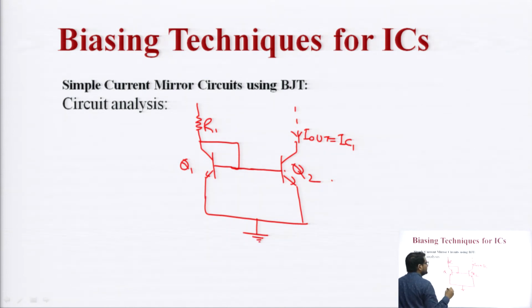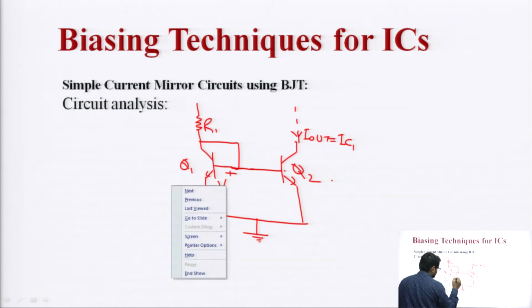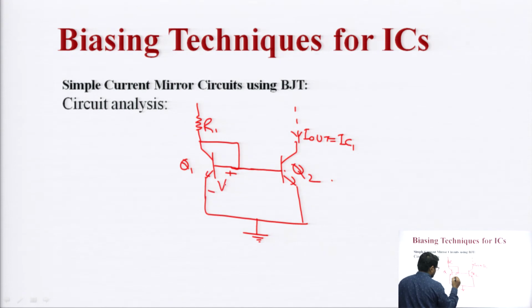For transistor Q1 this is the base to emitter voltage VBE1, and this is the base emitter voltage VBE2 for transistor Q2.